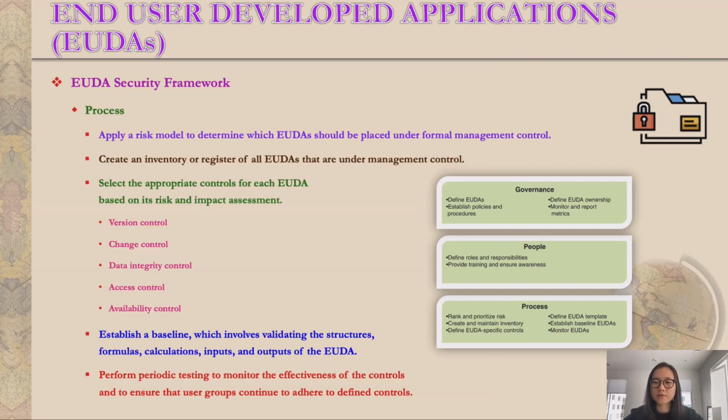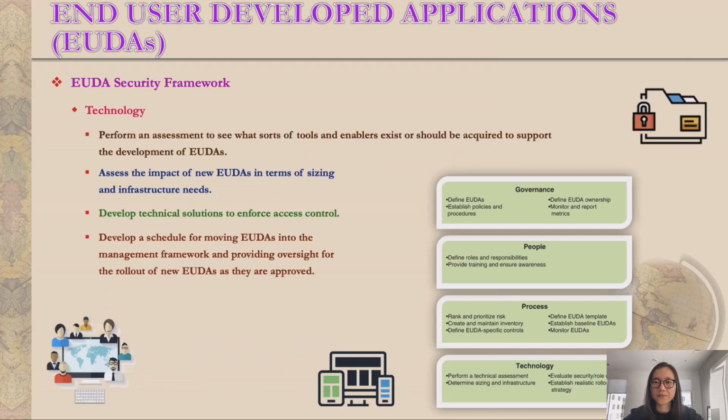Once an end-user developed application has been created, the application owner should be required to establish a baseline, which involves validating the structure, formulas, calculations, inputs, and outputs of the application. Once the controls and baselines are established, the application owner is responsible for periodic testing to monitor the effectiveness of the controls and to ensure that user groups continue to adhere to defined controls.